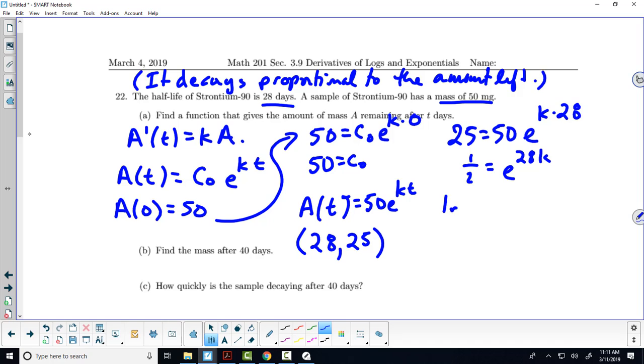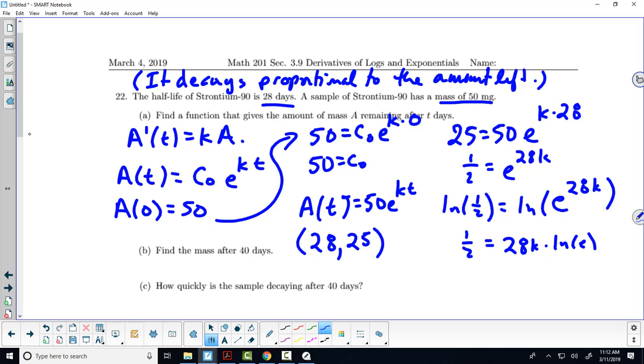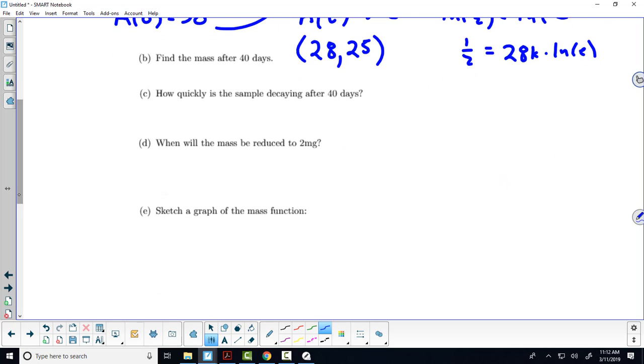So this gives me the natural log of a half equals the natural log of e to the 28k, which gives me the natural log of 1/2 equals 28k times the natural log of e. But what's the natural log of e? 1. It's just 1.